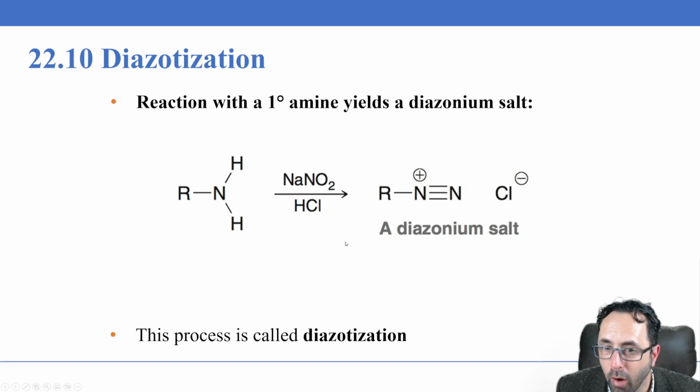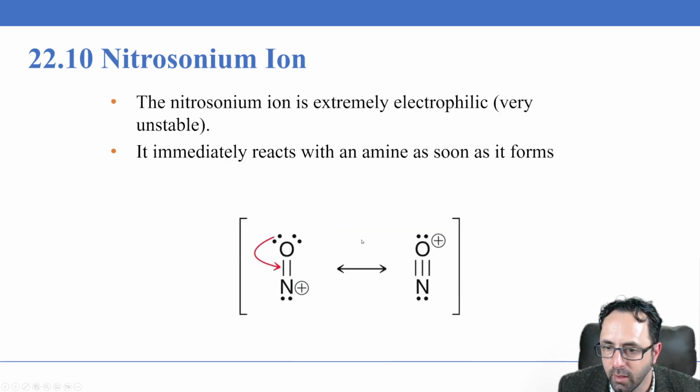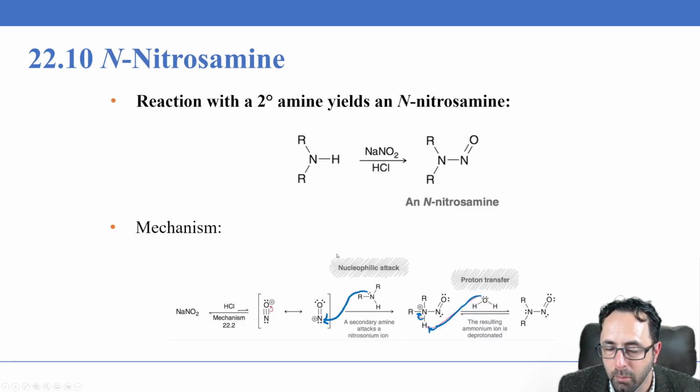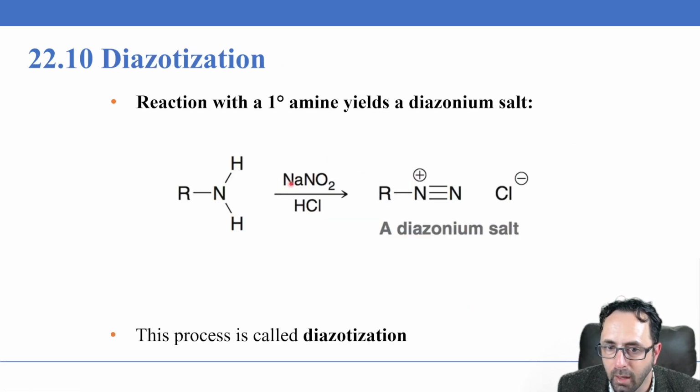If we react a primary amine with one of these nitrosonium ions like this, so again, this is going to produce for us our nitrosonium ion. If we react a primary amine with the nitrosonium ion, we end up getting a different product.